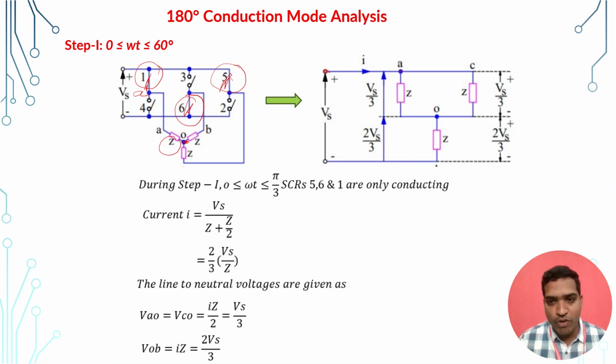After O it goes to B. So this is the point OB. From O I am going to B, and I am coming to B through switch 6, and then going to the negative terminal of Vs. From O, I am connecting Z, and it is connected to the negative terminal of Vs. One more phase is connected to the positive group, so after the O point we have a Z, and it is connected to the positive supply Vs plus through switch 5.